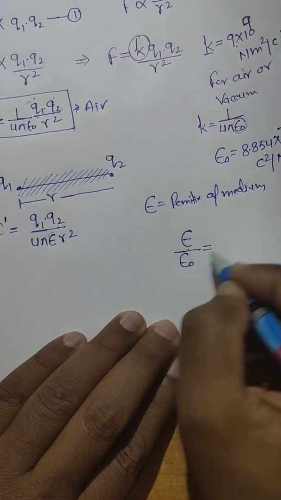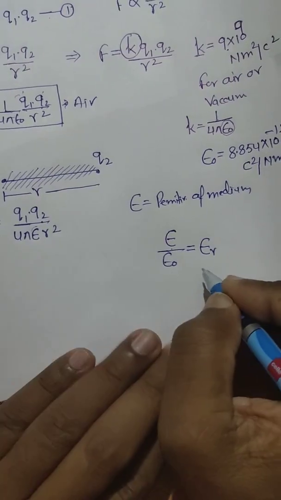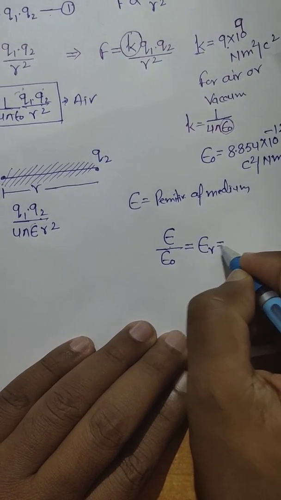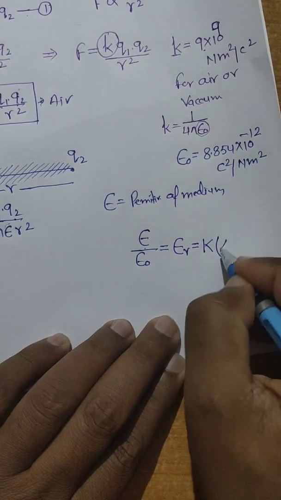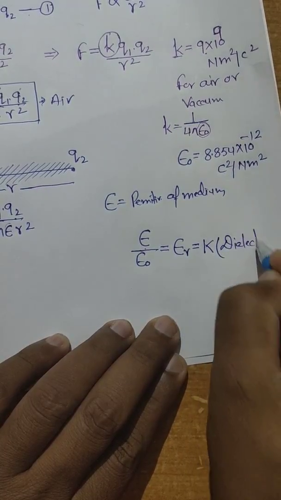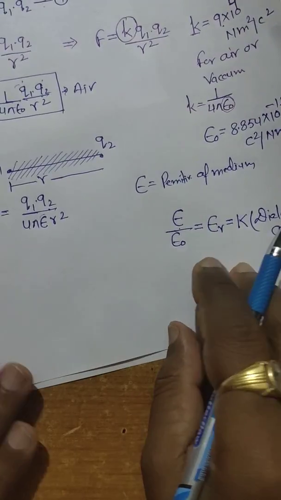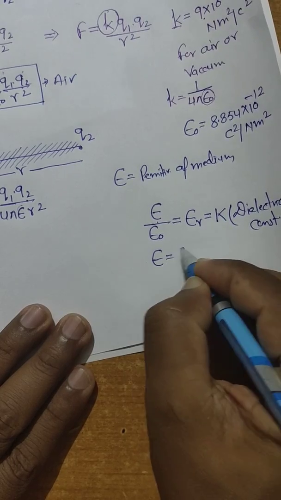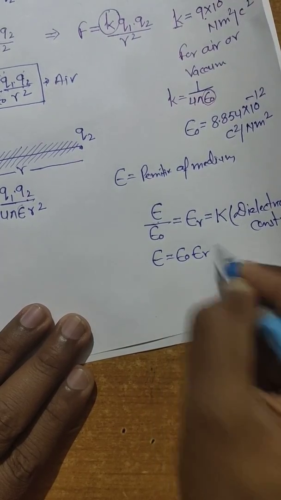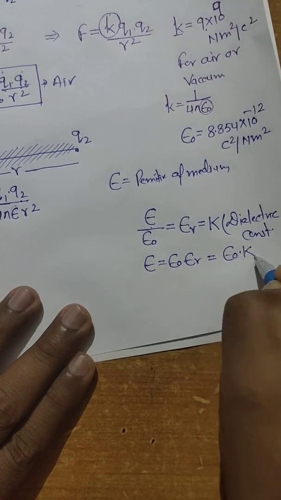The ratio of these two terms is known as relative permittivity of medium, also known as dielectric constant, represented by capital K. So we can write epsilon equals epsilon naught into epsilon R, or epsilon naught into capital K.